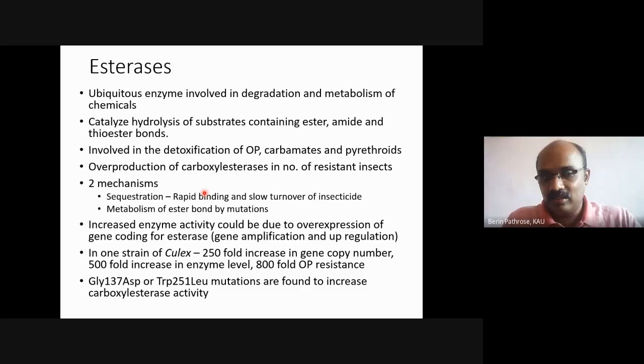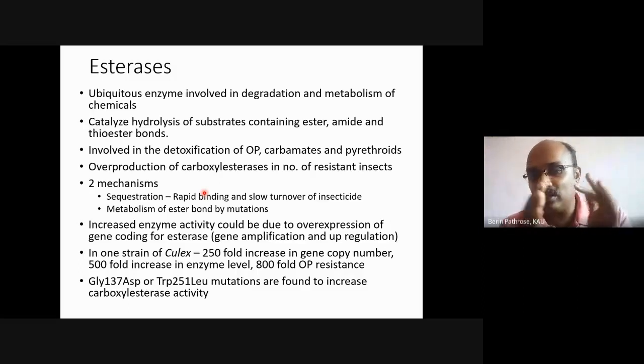So in upregulation, there will be a set of sequences of genes which regulate the expression of the gene. There is a gene coding for production of the esterase enzyme.